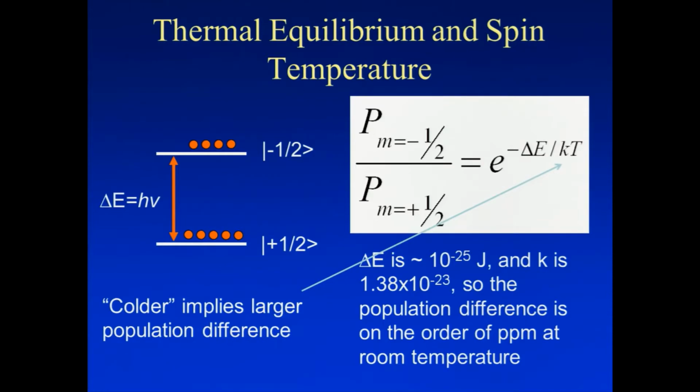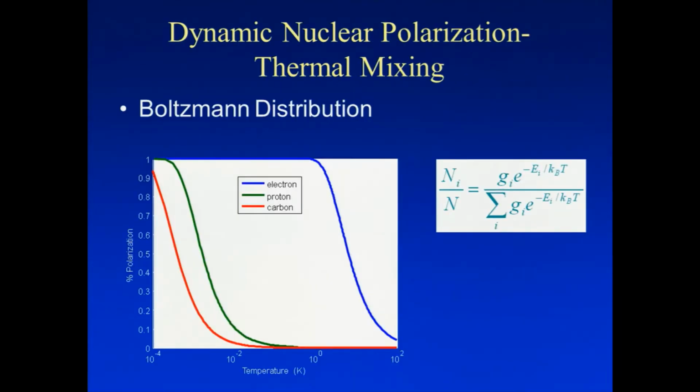Colder implies that you've got a larger population difference, and that's not really particularly useful unless you can do the type of experiment, dynamic nuclear polarization, that I'll talk about right here, and then show the seminal paper on the next slide.